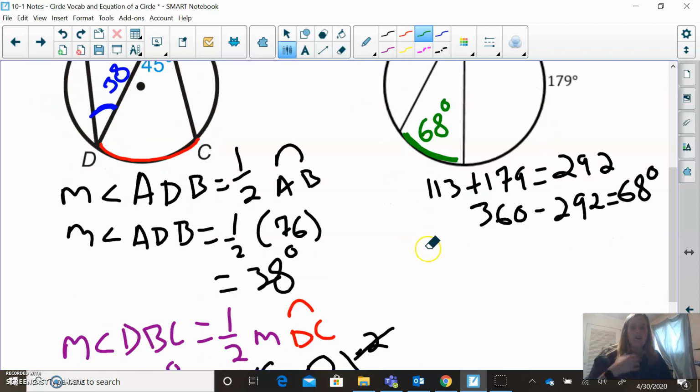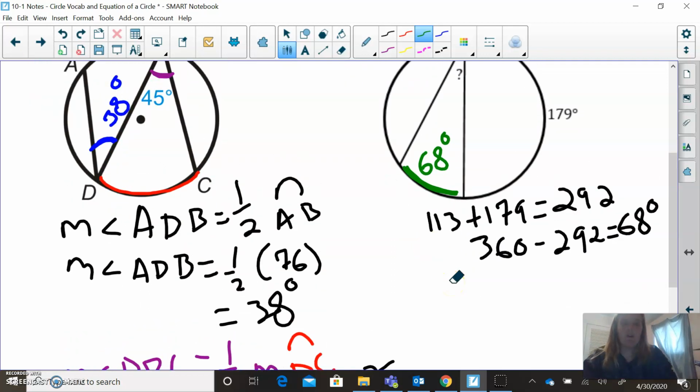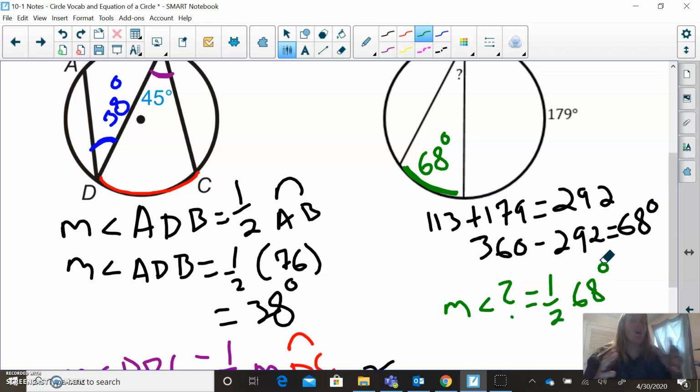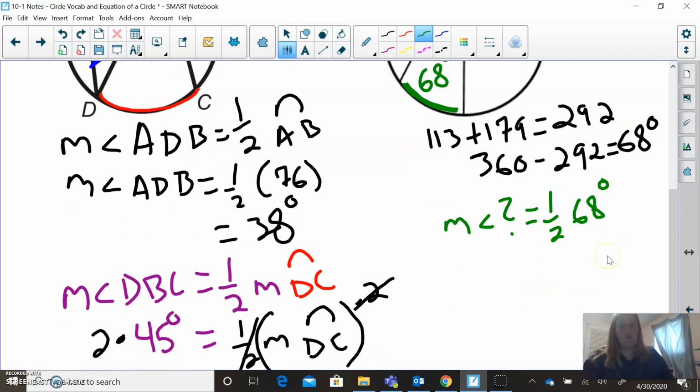We're going to use that same type of formula where the measure of the angle that's the question mark is equal to 1/2 of 68. It's equal to 1/2 of the arc. Remember that's multiplication, so that is equal to 34.